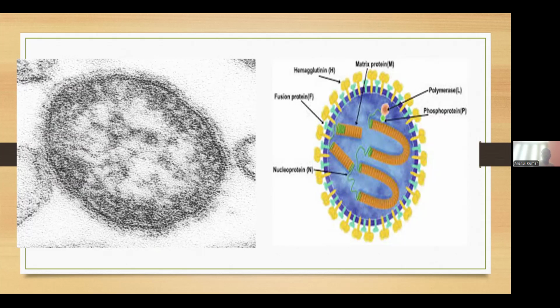Then inside you can see there is a polymerase enzyme, which helps in the replication of the nuclear material. Then again here there are phosphoproteins. Then next here you can see there is a nucleocapsid.